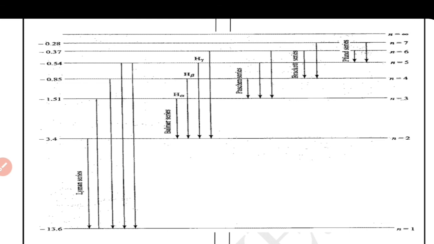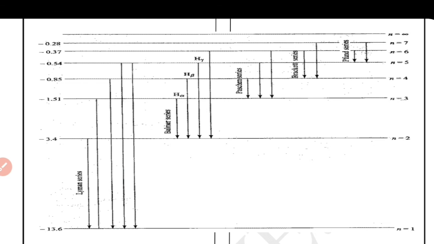If it is n equal to 3, it is Paschen. Like that, different series we have. So in one particular spectral series, the shortest wavelength corresponds to transition from n equal to infinity. So when an electron makes transition from infinity to that particular energy level, we have the shortest wavelength in that spectral series.